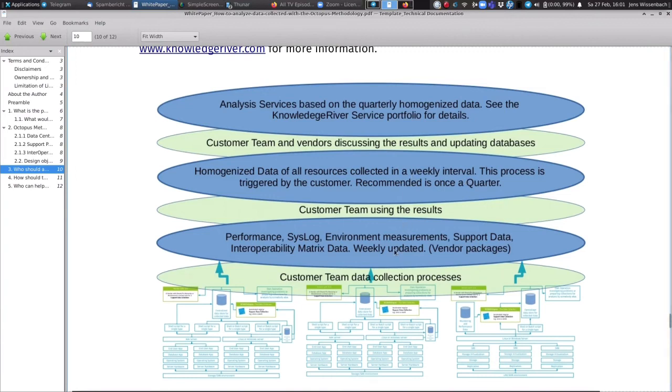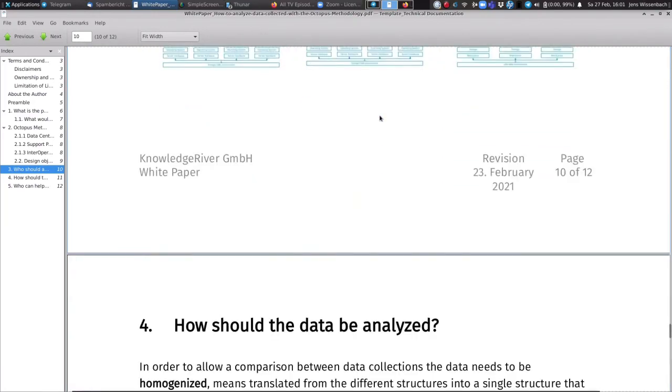So again, in every step of the way, you as the customer are the key person to handling the data, forwarding the data to the next level, and in every step you need to understand where are you with your data and what is the data that you want to externalize to KnowledgeRiver, to a vendor of your resource that you usually have an SLA with to do these type of analyses for you.